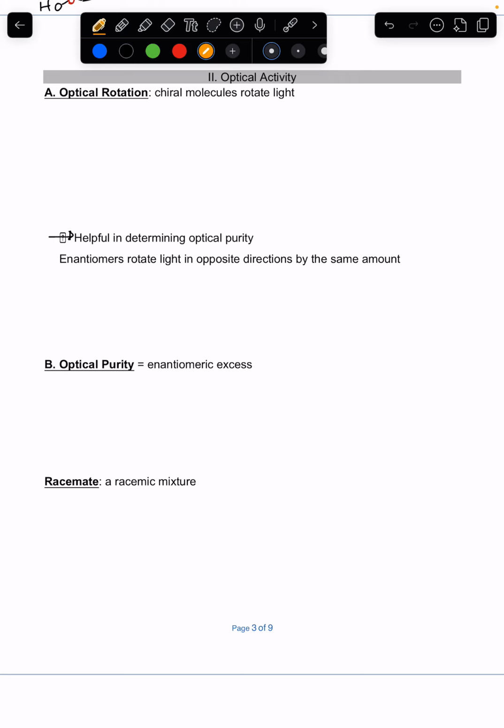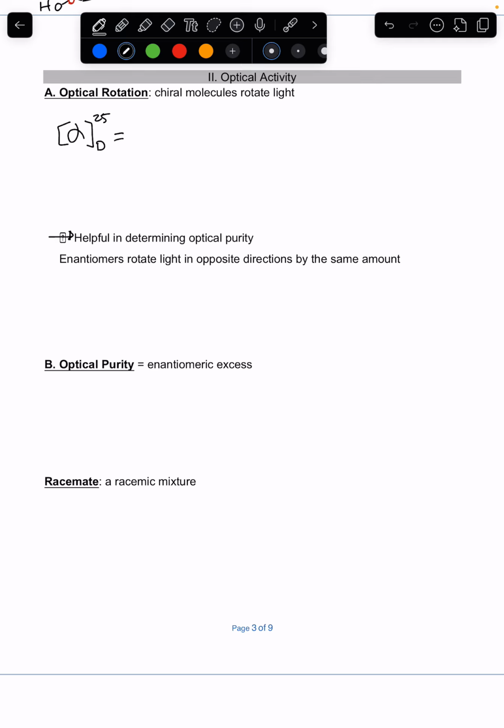And when you measure that, often it's depicted like this with the Greek letter alpha, and often you might see the subscript and superscript together with it. That just means that this was taken at 25 degrees Celsius. D stands for the sodium lamp source, which is the source of the light that was bent.